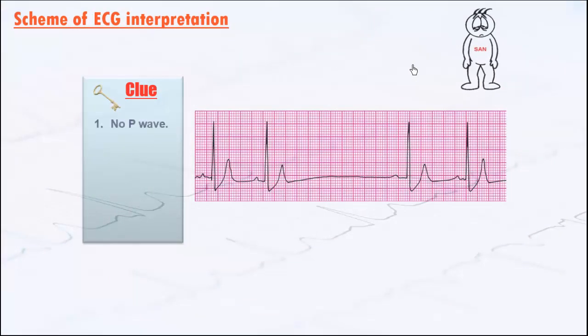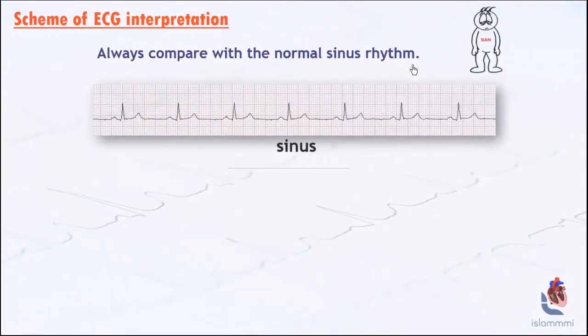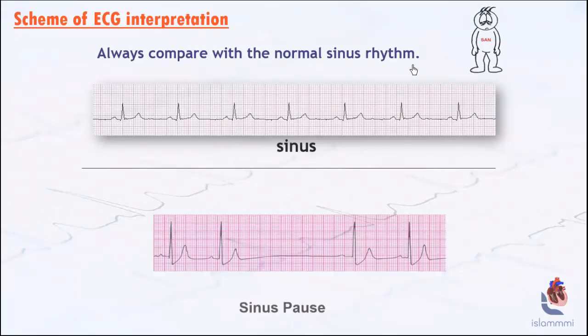No P wave, no QRS, less than 3 seconds, then the heart will start to work all over again. You get that? There was supposed to be a QRS here and a P wave, but because the SA node had a problem for like 3 seconds, it stopped working and then started again. So this is what we call sinus pause. As we said before, this is the normal, this is abnormal. I think this is one of the easiest strips.